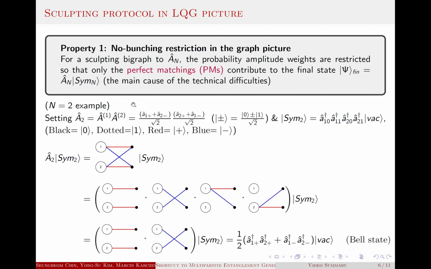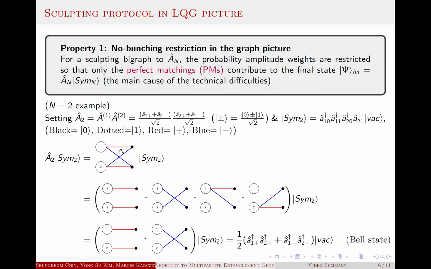We can understand the meaning of this property intuitively with the n equals 2 example again. Now we set the amplitudes of the n equals 2 sculpting operator so that it satisfies the no bunching restriction. Then the graph representation of the sculpting operator is given in this form.